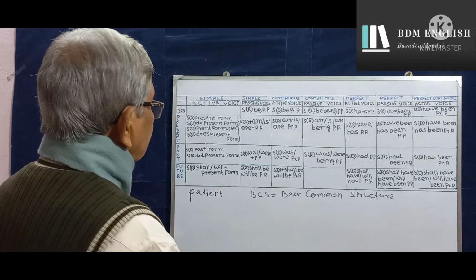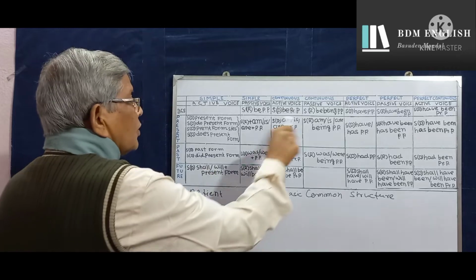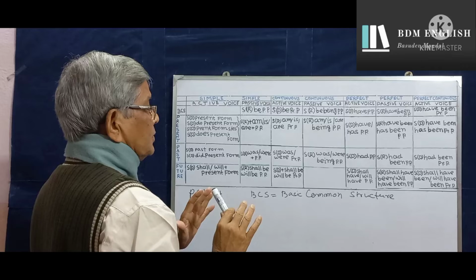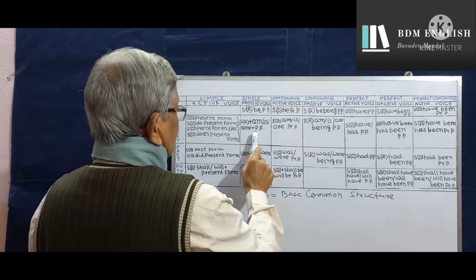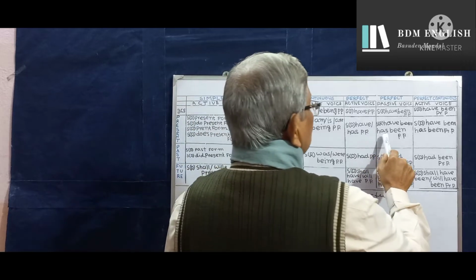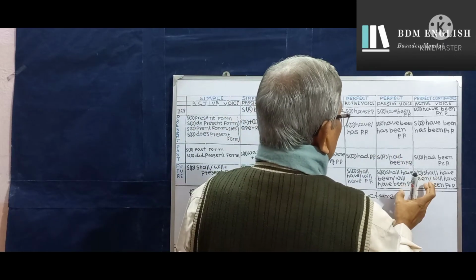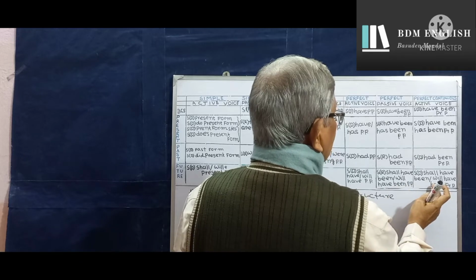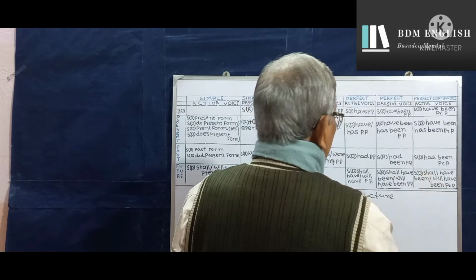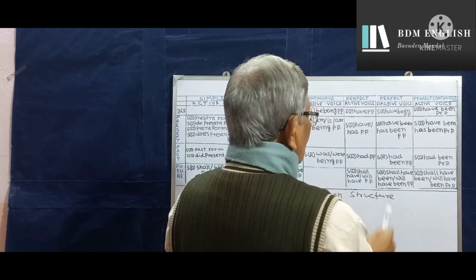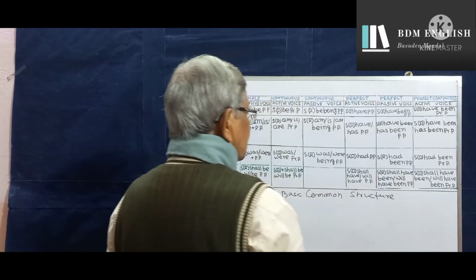Now, notice that in all these voice tense combinations, we have helping verbs. Sometimes one, in some voice tense combinations two, and in these two, that is future perfect tense passive voice and future perfect continuous tense active voice, we have three helping verbs: shall have been, will have been.